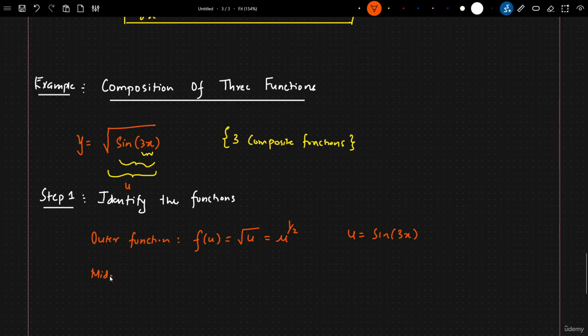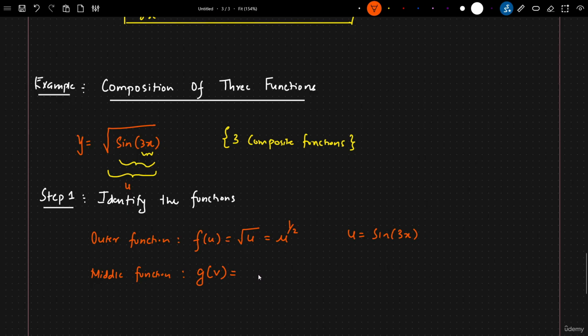Then we talk about the middle function. For the middle function, let me provide the notation g of v. In this scenario, I have sine 3x.